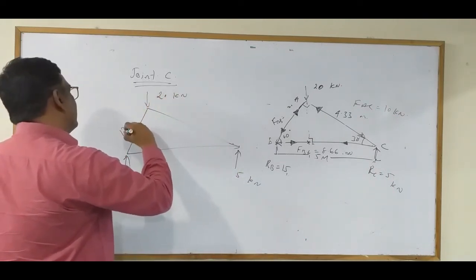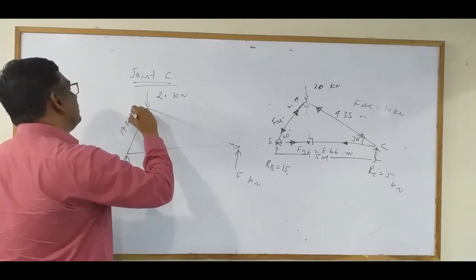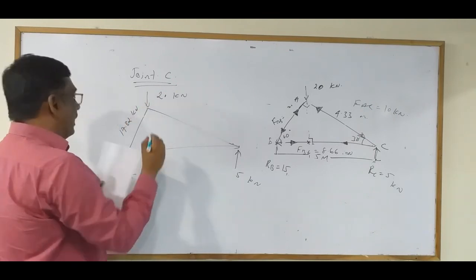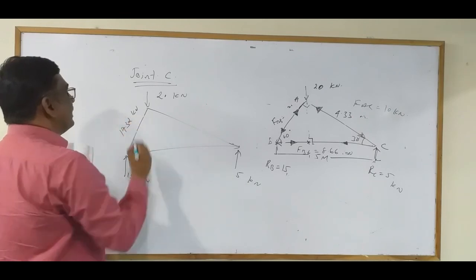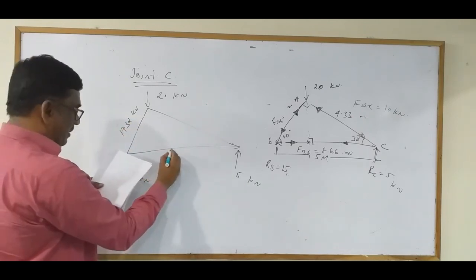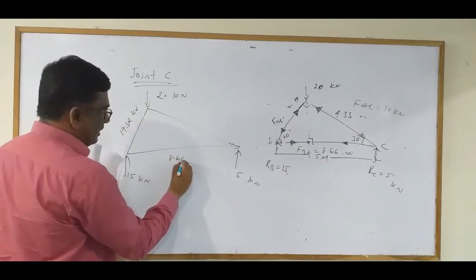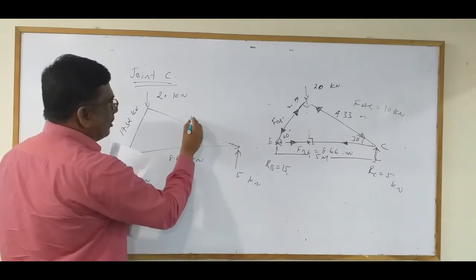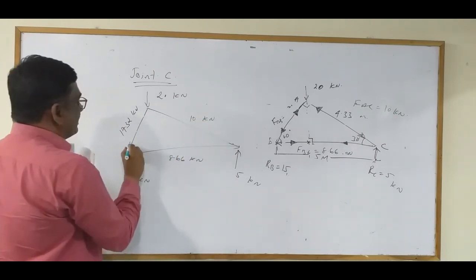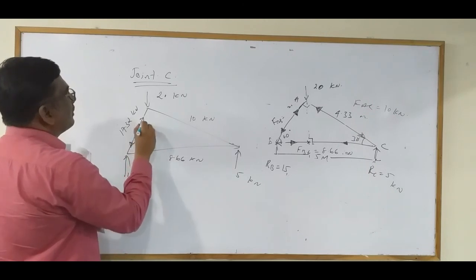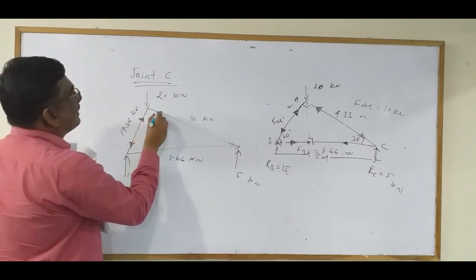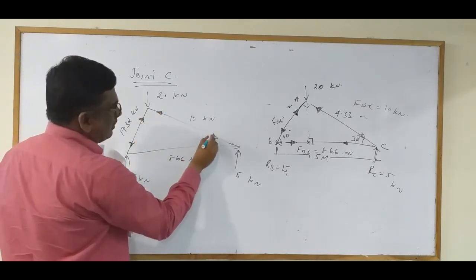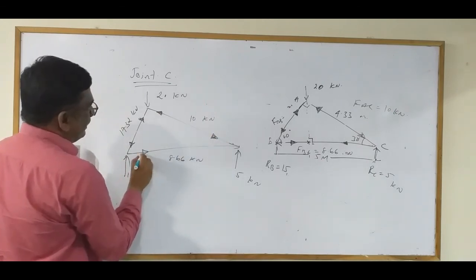Force in the member is 17.32 kilonewton. Here in this member 8.66 kilonewton. Here 10 kilonewton. This force is acting in this direction, this force is acting like this, and this force is acting like this.